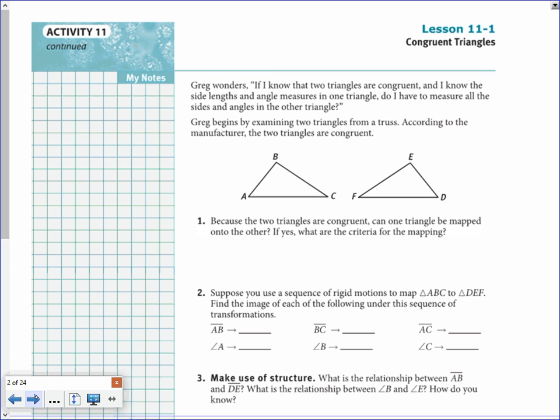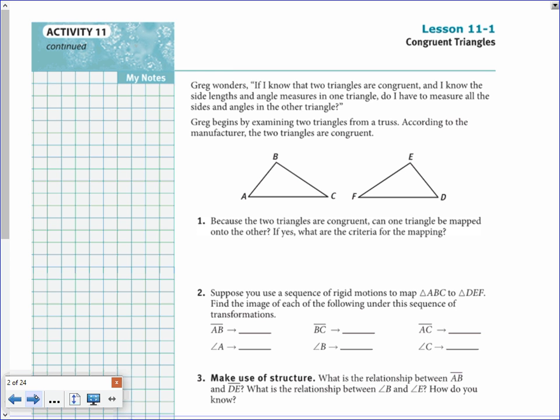So, looking at number one, because the two triangles are congruent, can one triangle be mapped onto the other? And if yes, what are the criteria for the mapping? So yes, the triangle could be mapped to the other one by using some sort of rigid motion, or maybe a sequence of rigid motions.